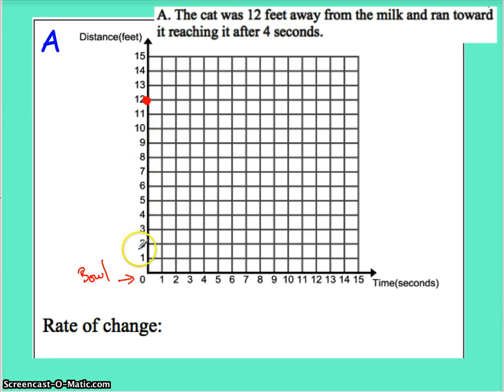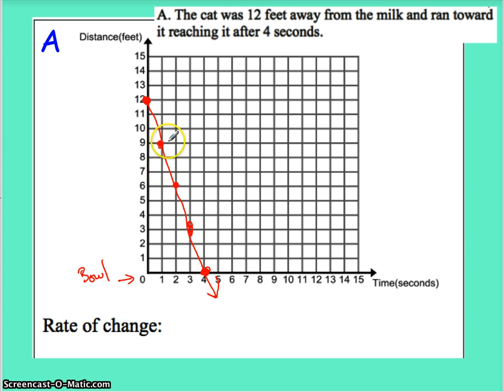These are feet away from it. So we're trying to figure out if he's at the bowl after 4 seconds, that means he's right there at 4 seconds. So in order for this to be a linear relationship, he's moving at a constant rate. He must be getting closer, 3 feet closer every single second. And so there would be our graph.